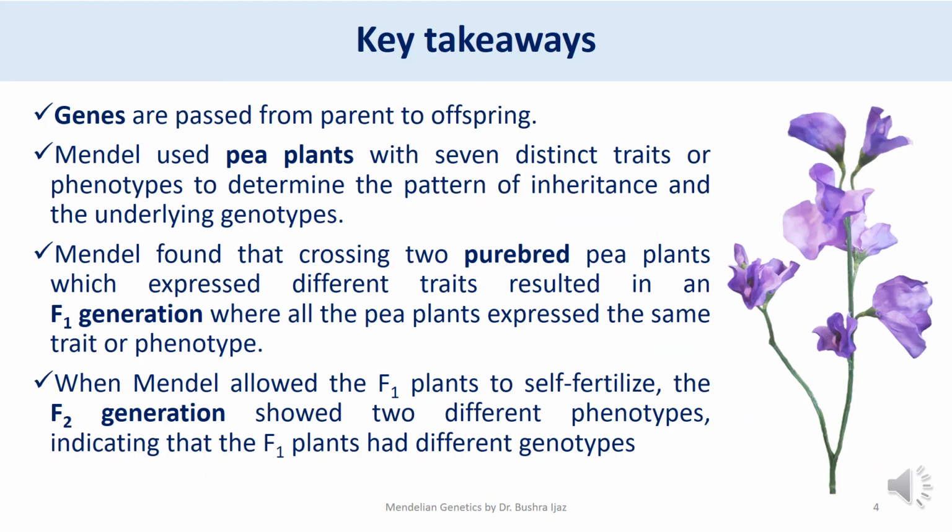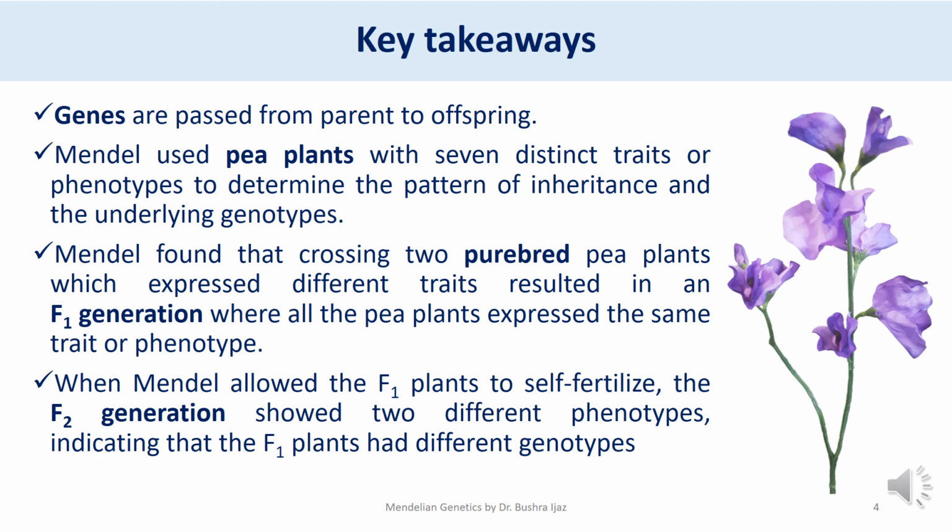So, after watching this lecture on the analytical approach that Mendel used while performing his experiments with the pea plants, the main key takeaway points are: first of all, genes are passed from the parents to the offspring. Mendel used pea plants with seven distinct traits or phenotypes to determine the pattern of inheritance and the underlying genotypes.